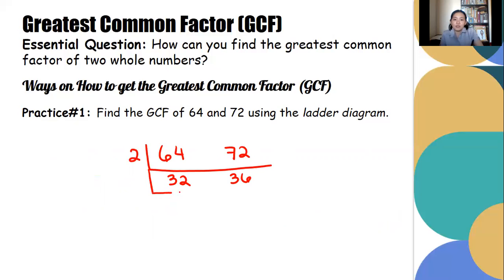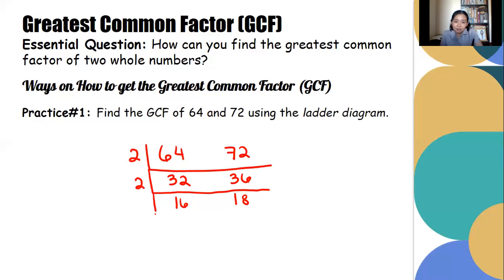Then continue dividing for as long as you can find a number to divide them. So another 2 will work. 32 divided by 2 is 16. 36 divided by 2 is 18.